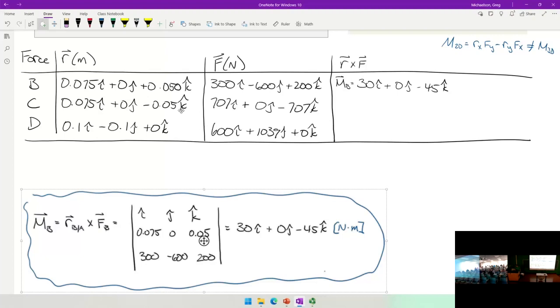All right, so all you would do is continue to do that for each row, and you would end up getting the following when it's all said and done. For this row, you'd get 0i. This one ends up being a little messier. This one ends up being 17.68j, and this one ends up being 0k.